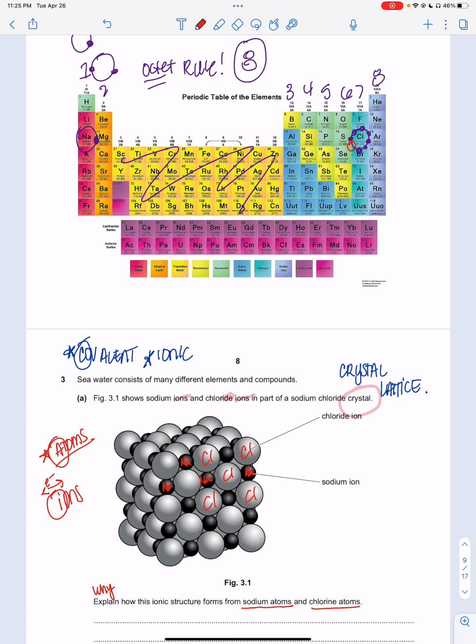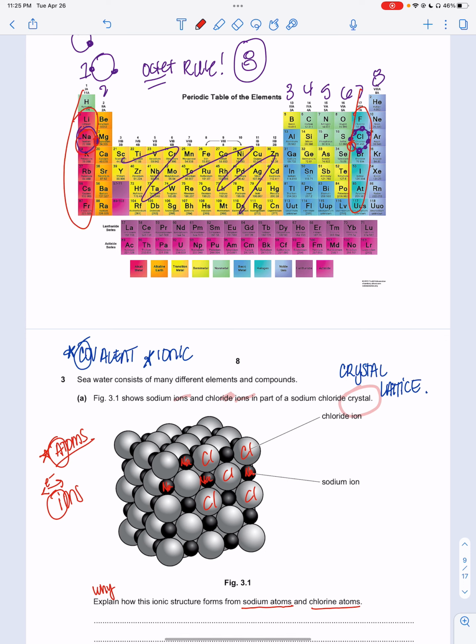And for sodium, it would either need to gain 7 or just lose the 1. It's going to be much easier for it to lose the 1. So chlorine needs 1, sodium wants to get rid of 1, so they're going to bond really well together. All your group 1s and your group 7s bond really well together.